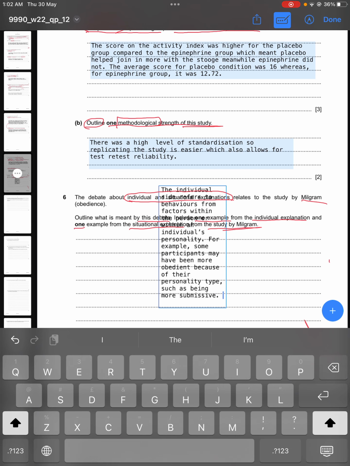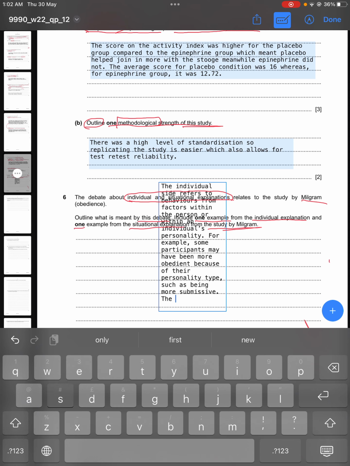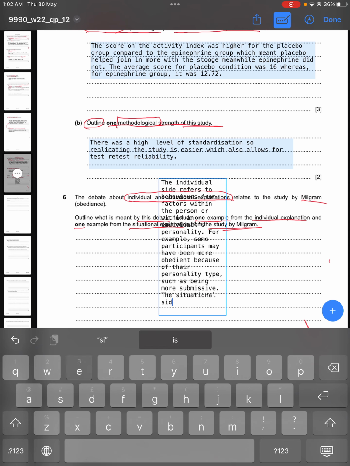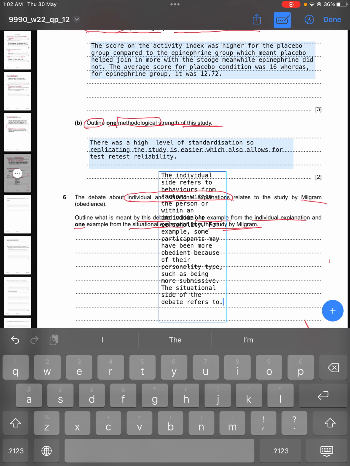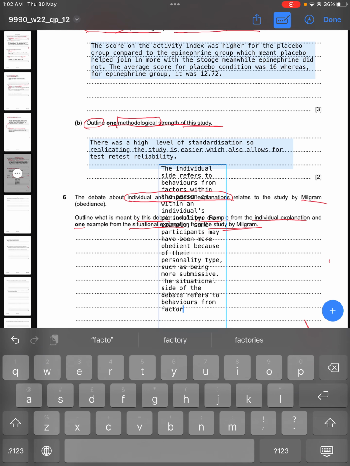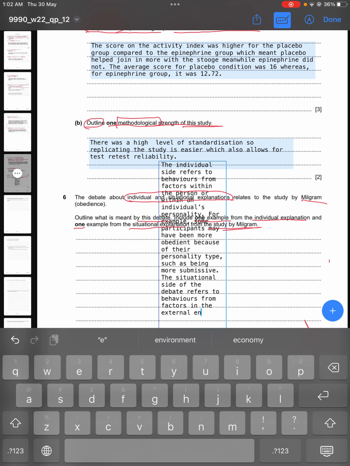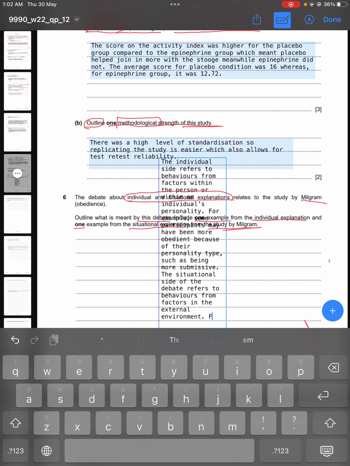And then moving on to the situational side, you can write that the situational side of the debate refers to behaviors from factors in the external environment.